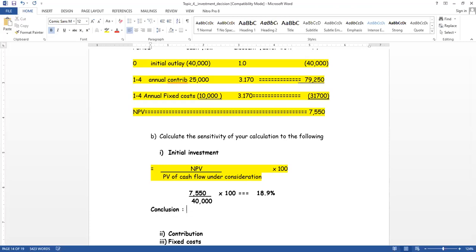That if the initial investment, because actually you can see that we say that the lower the sensitivity margin, the more sensitive that given parameter that you are considering. But now you see it is 18%, which is a little bit high. It's not too low. Because for something to change by 18%, really, so many conditions must come into play.